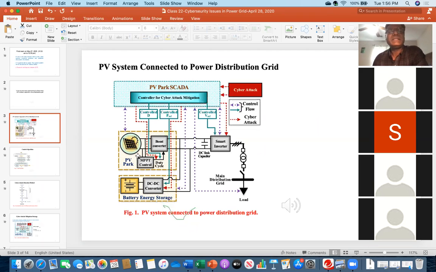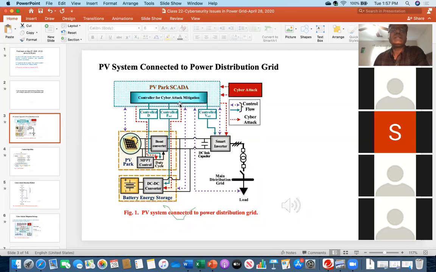And in the PV system, there is MPPT control, that is maximum power point tracker. And then this is the DC to DC boost converter. This is the DC link. And here is the smart inverter, which is feeding the main distribution grid to which customers or the loads are connected.